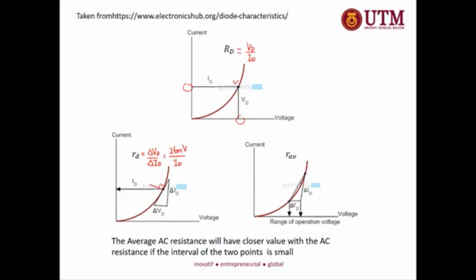And then the last one is the average AC resistance. Average AC resistance is calculated when you have two points, between this point and this point. You simply get delta ID and delta VD. Delta means the difference of values. Let's say this one is ID1 and this one is ID2. So delta ID is ID1 minus ID2.